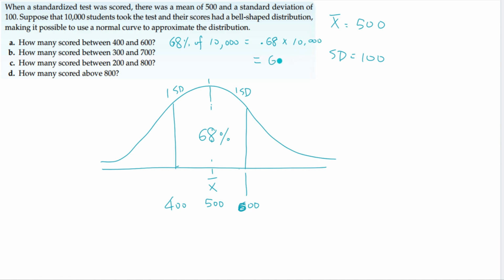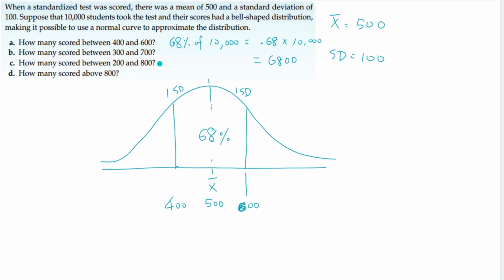So 6,800. Okay, that's how many students received within one standard deviation, or the number of students who scored between 400 and 600.